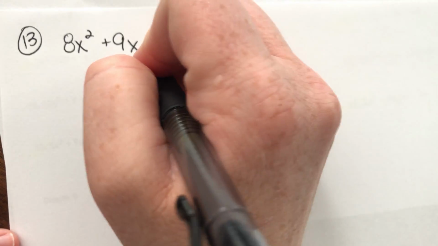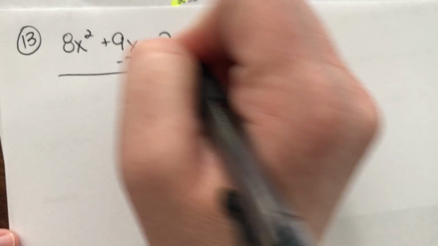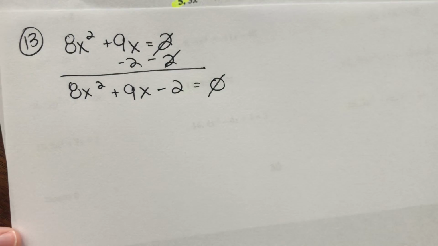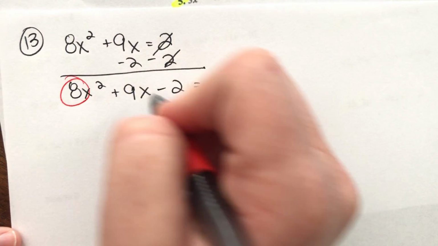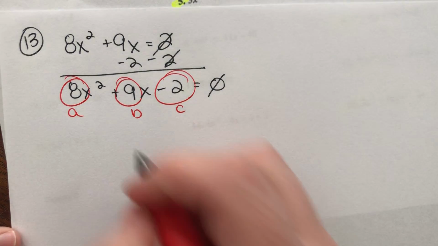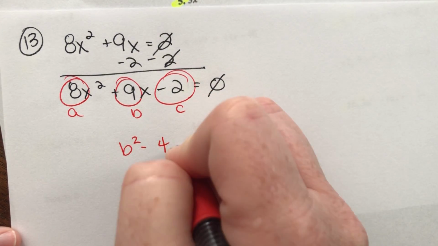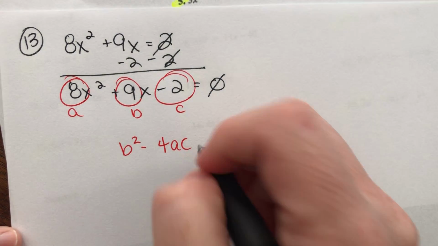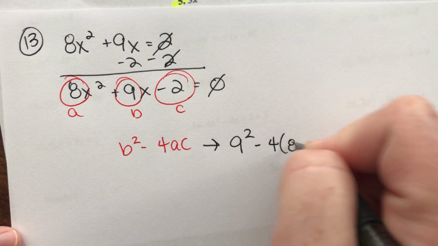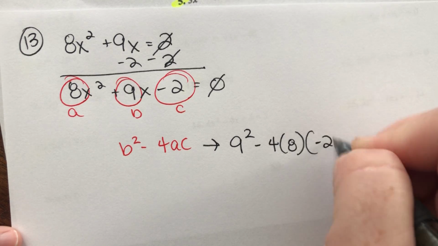All right, and then I need to move everything on the same side of the equal sign. 8x squared plus 9x minus 2 equals 0. And then I need to identify A, B, and C. And then I'm going to use b squared minus 4ac. So that's going to be 9 squared minus 4 times 8 times negative 2.